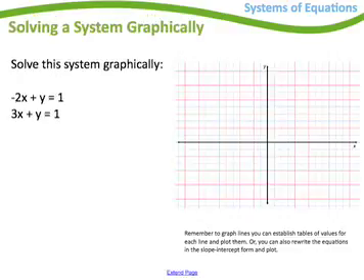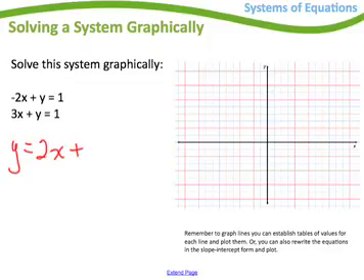Okay, if I would like to solve a system of equations graphically, here's what I could do. Just take each equation and graph it. And then once it's graphed, we'll look for the point at which those two things cross. So for example, this one here, I can't graph it as it sits, so I'm going to change it to y equals mx plus b form. y equals, move the 2x over, it'll be a positive 2x plus 1.